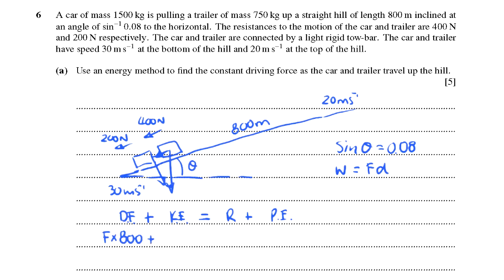The kinetic energy is what we lost, and so we're going to take a half mv squared. All right, so what's the mass? It's the mass of the two combined items.